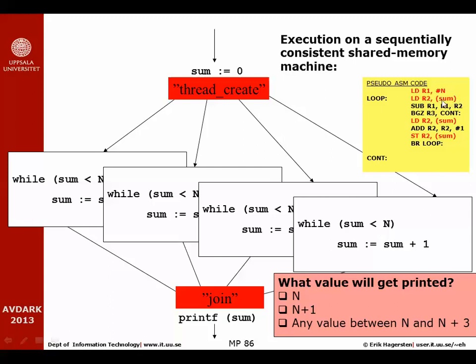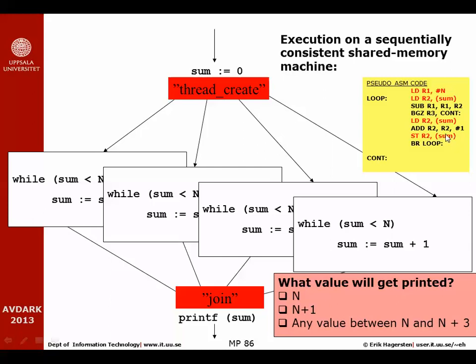They will all load sum equal to n minus 1 up here. They will all make the test and conclude that they have to go into the body of the loop. They will all start to load the new, fresh value of sum. However, maybe one of them is slightly ahead of the others and has already updated sum to hold the value n instead of n minus 1.